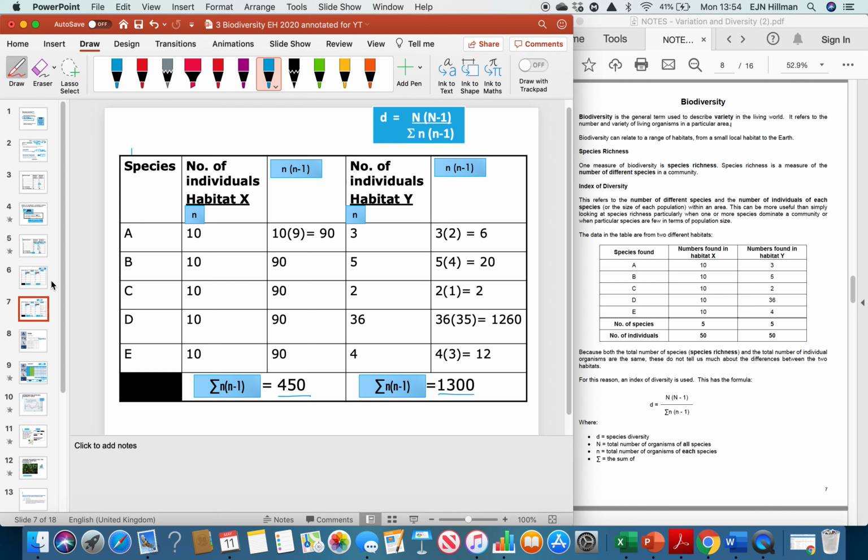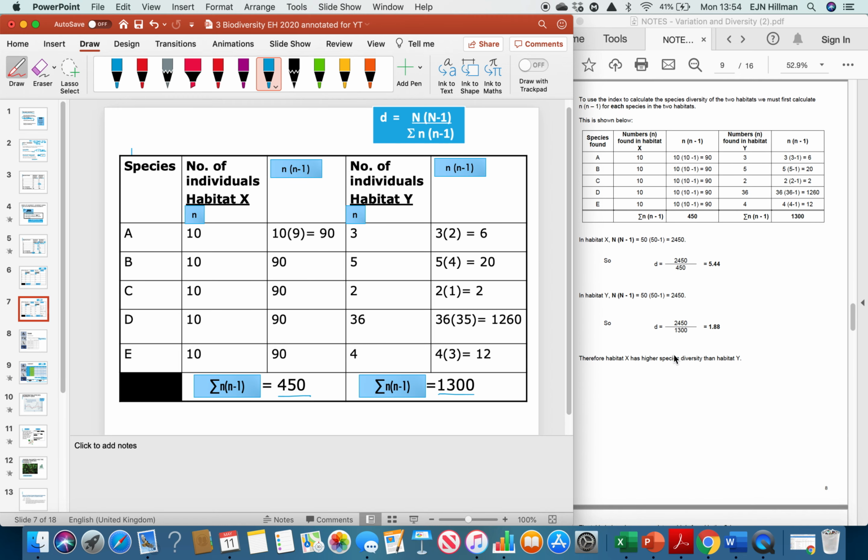Okay, so to finish off that calculation, we know that capital N was 50 for both. So 50 multiplied by 50 minus 1, or 49, is 2450.